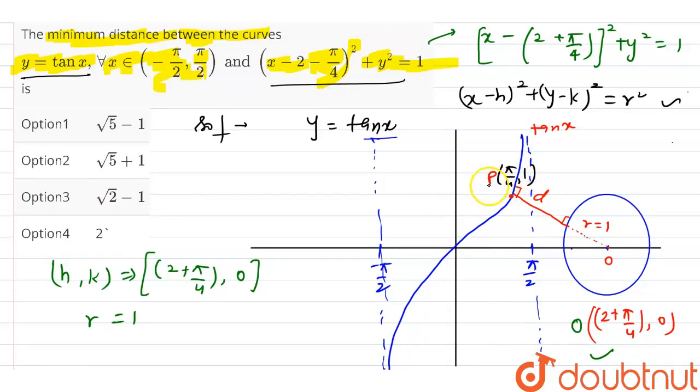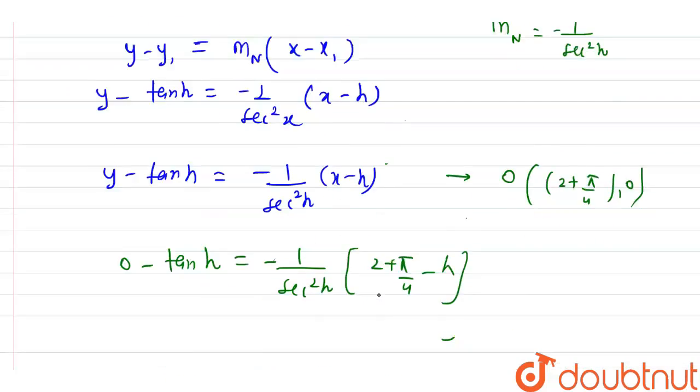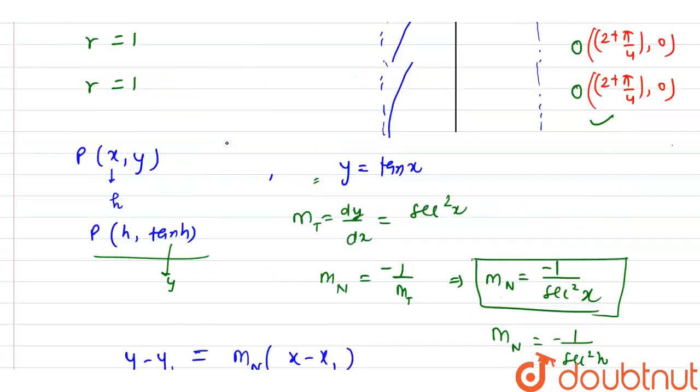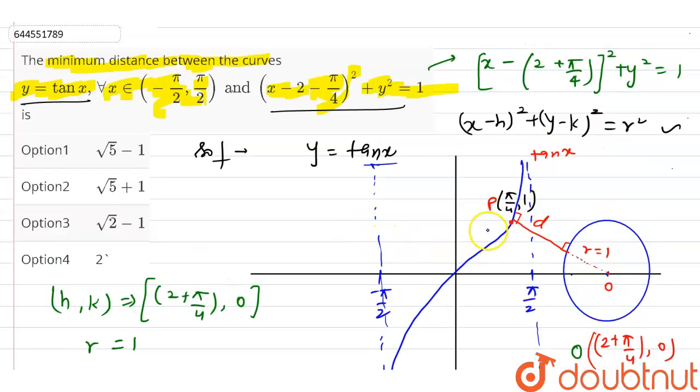We have to find the distance between P and O. So I'm writing here, it will be OP distance, which is d plus 1. You can check it out. It is basically PO, and it is this radius plus this line, so d plus 1.